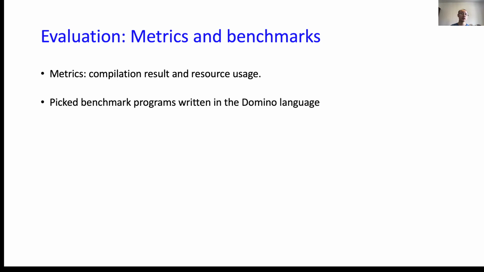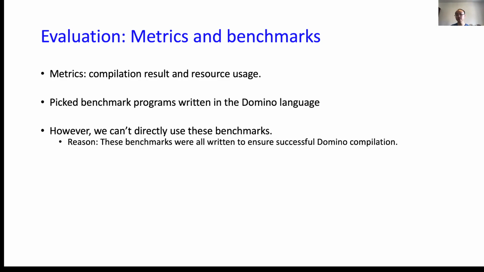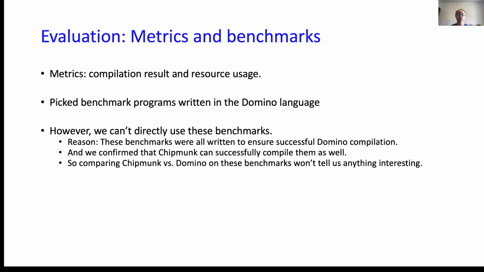We pick benchmark programs written in the Domino language, but we cannot directly use these benchmarks because they were written to ensure they get successful Domino compilation. And we also confirm Chipmunk can successfully compile them as well. So purely compiling these benchmarks with Domino and Chipmunk is useless.